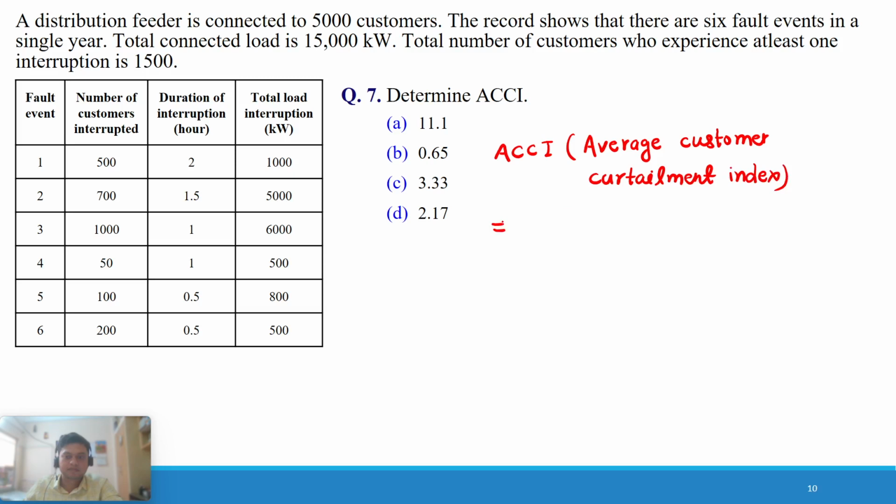It is the ratio of total energy not supplied divided by total number of customers interrupted.